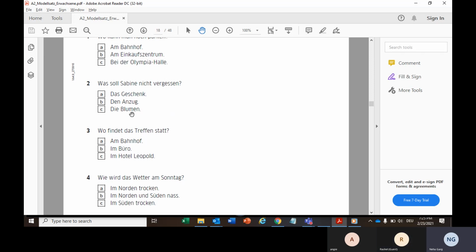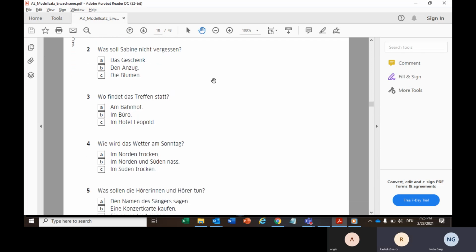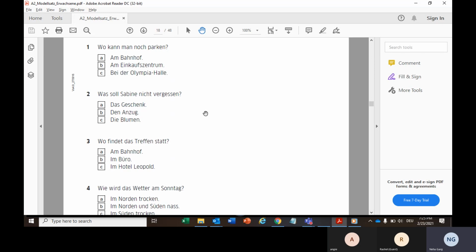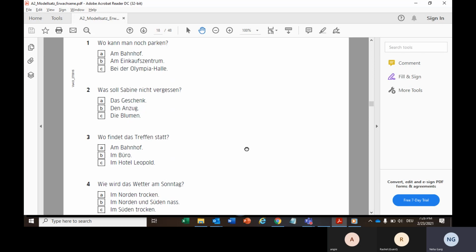Blumen. Okay, the correct answer is B, den Anzug. Because here, what happened was the person called and then he specifically mentioned about the Anzug. Geschenk, he mentioned that he already bought it. And then Blumen, he said that they will be purchasing tomorrow morning before going to the wedding.